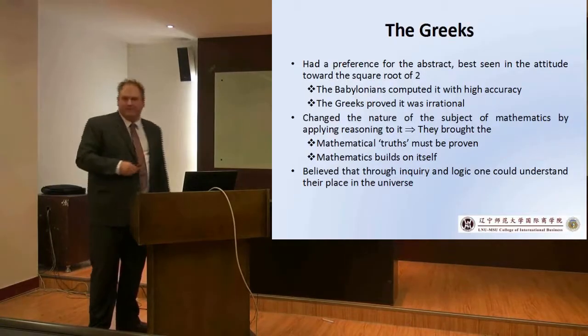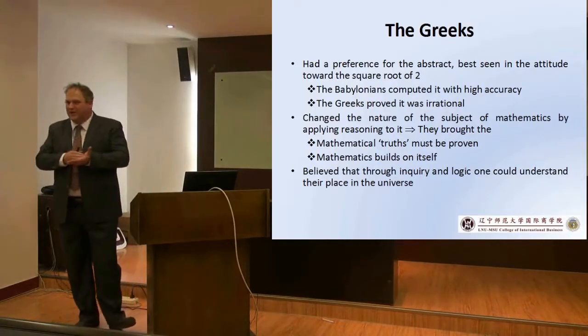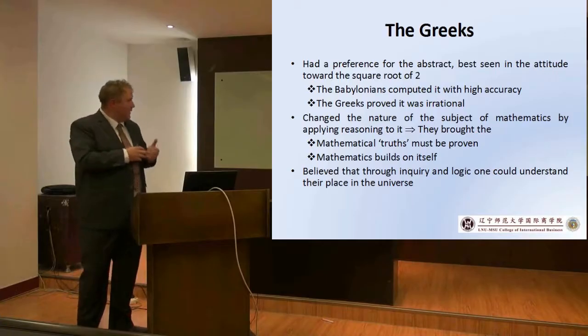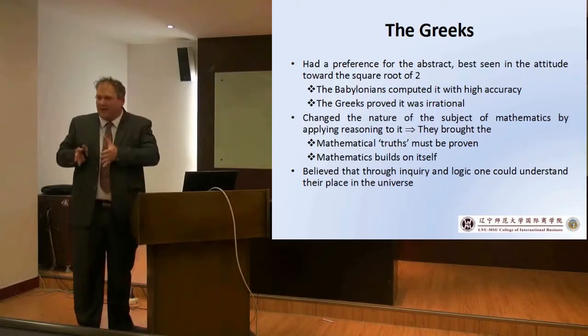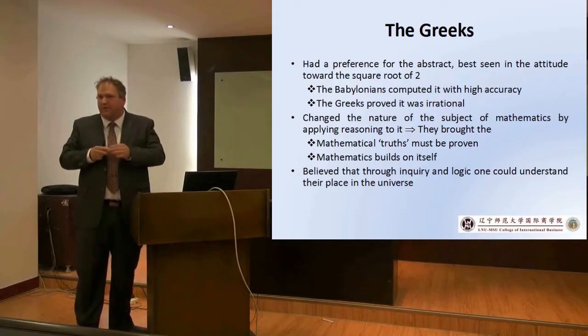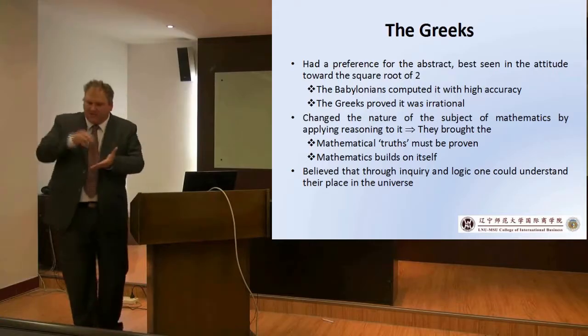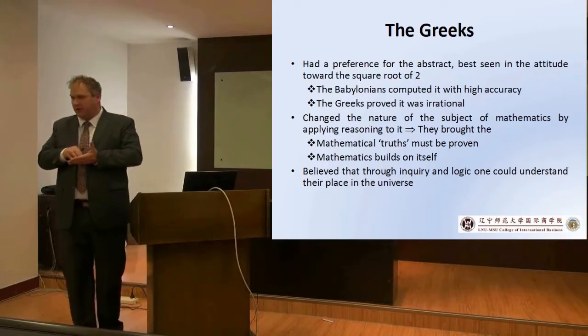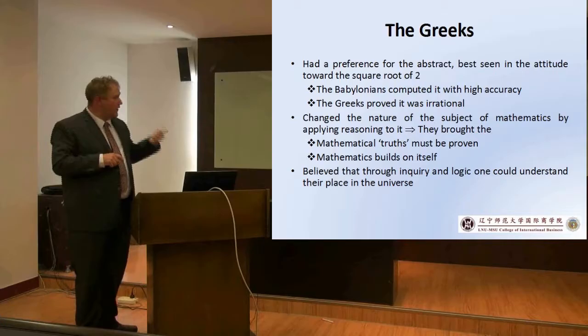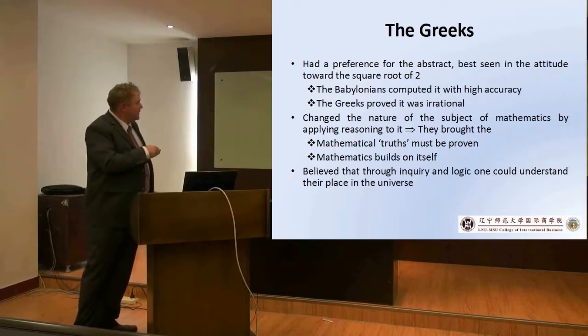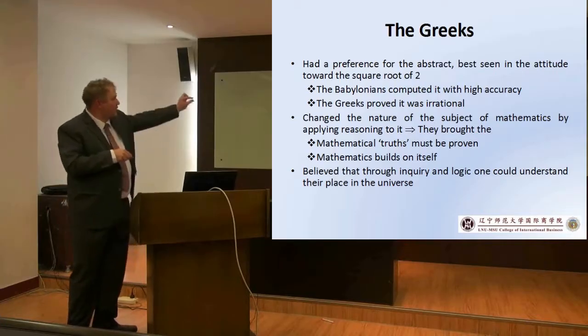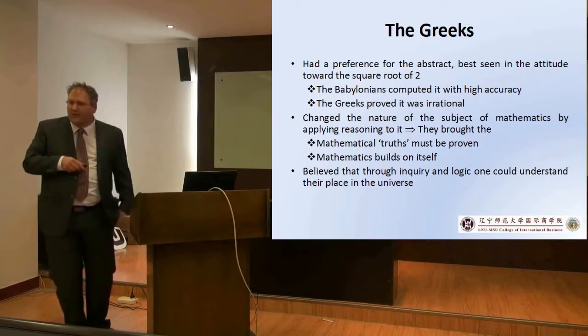Okay, the Greeks. We've all heard about the Greeks a lot, but for mathematics, they probably had the most impact of any culture that we know of, especially in modern day Western culture. One of the reasons is that the Greeks took, for example, the square root of 2 and proved that it was irrational.